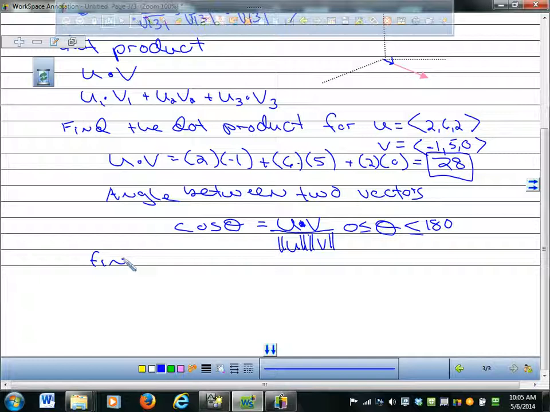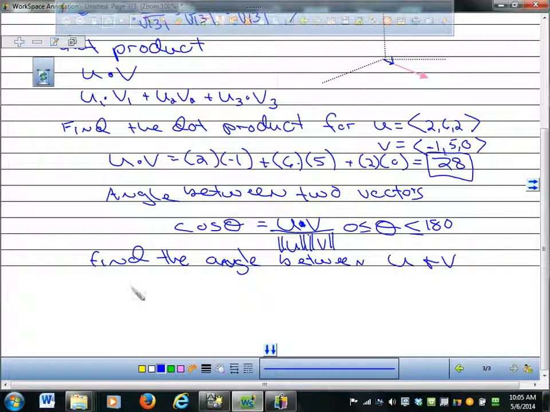So find the angle between u and v up here.